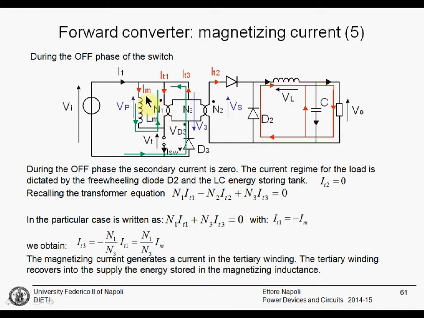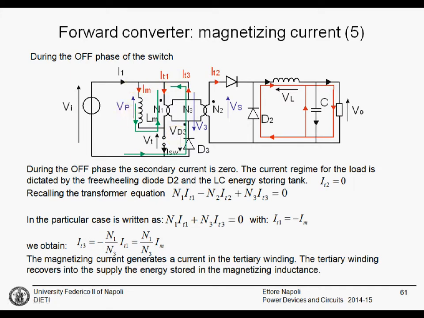Please note that this current flow is just providing some energy to the power supply. There is some energy stored in the magnetizing inductance during the on phase, and some energy recovery of the magnetizing energy during the off phase.